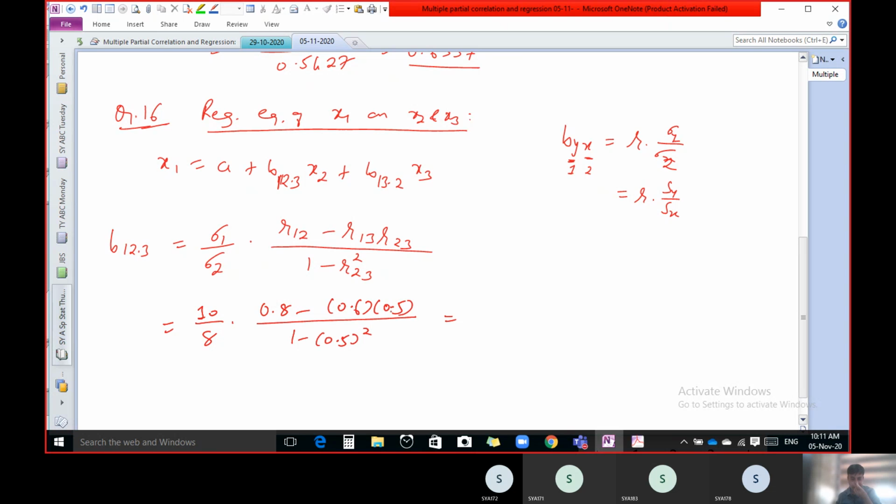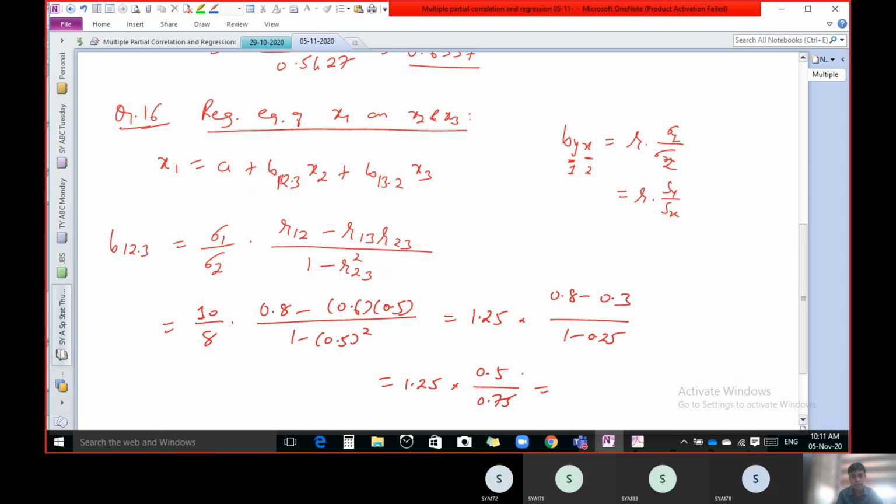So now do the calculation. 10 divided by 8 means 1.25. 0.8 minus 0.3, if you calculate, and 1 minus 0.25. So 1.25 into 0.5 upon 0.75.